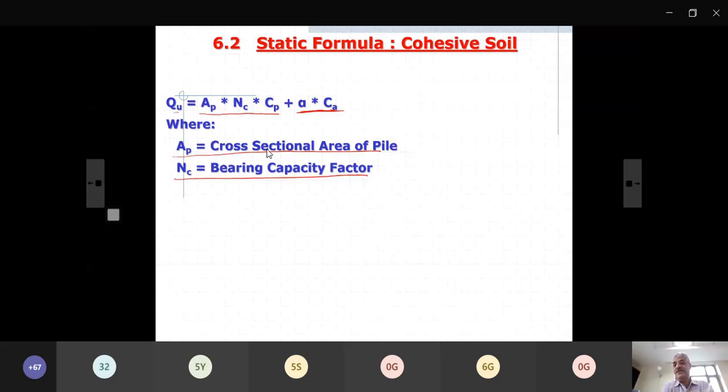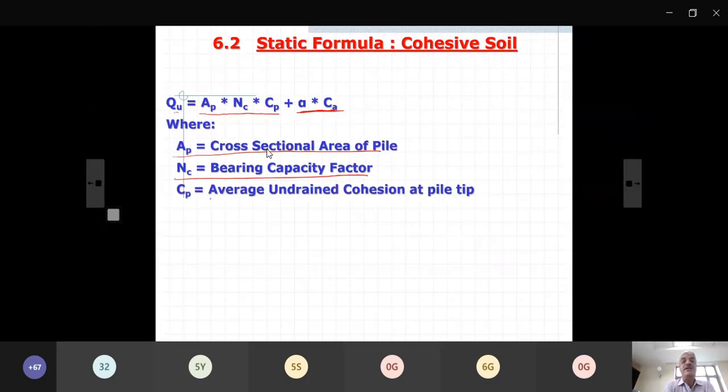For given phi value, you calculate, or if phi is 0, this will be 5.14. And CP is average undrained cohesion at pile tip. You do undrained shear test and find out the C value from that at the pile tip soil, whatever the soil. So this is the first part.